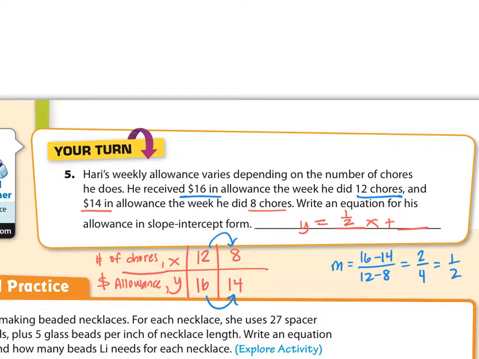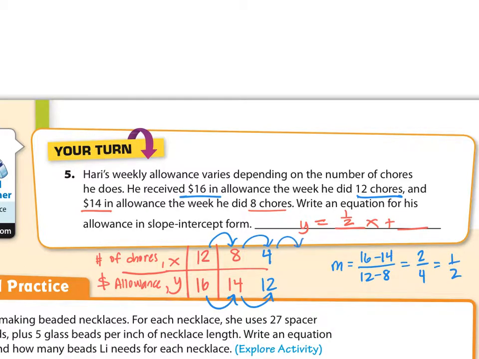And then here's the tricky part. We have several methods to find the y-intercept. But one, if I wanted to use my slope here, is to continue this trend. If I went from 16 to 14, then next would be 12, right? 12 to 8 on top, which means if I continue, this would go to 4. So it's subtracting 4 on top, subtracting 2 on the bottom.